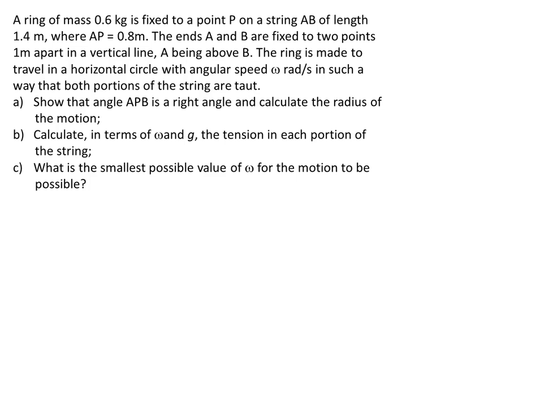We have to show that angle APB is a right angle, calculate the radius of the motion, and then find the tension in each string and find the smallest possible value of omega for the motion to be possible.